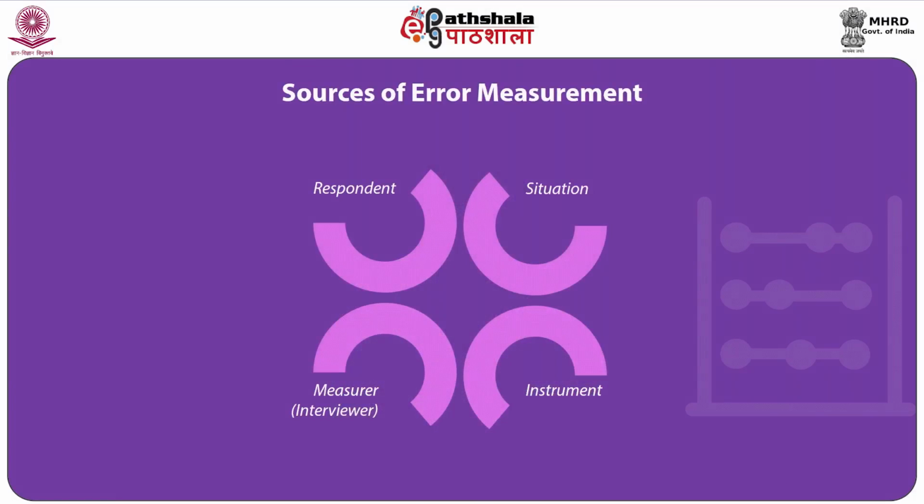Use of complex words which the respondents cannot understand, confusing meanings of words, poor printing, inadequate space for filling the responses, choices, omissions, etc., are some things that make the measuring instrument defective and thereby result in errors. Now, how to avoid this measurement error?